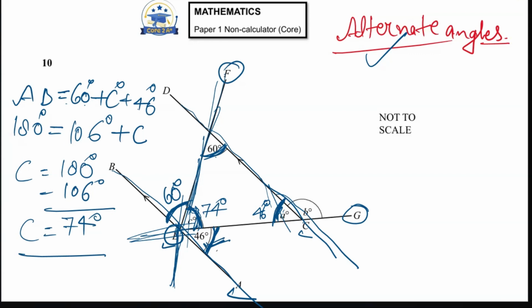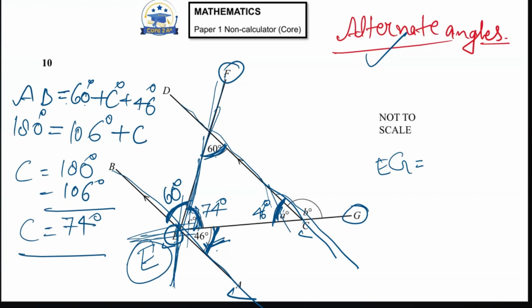We know that EG is a straight line and it makes 180 degrees. How can we find EG?